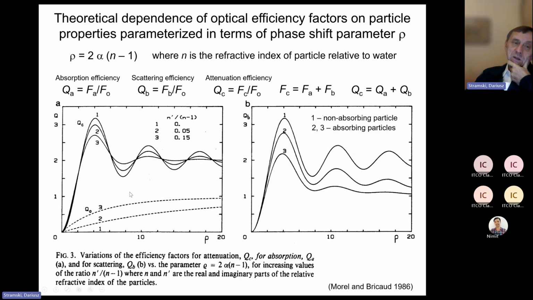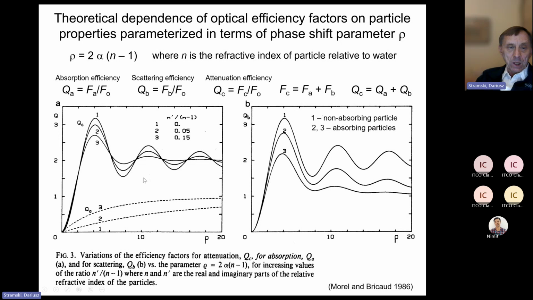What's really striking in this graph is that you can see that attenuation efficiency is a pretty complex function of particle properties which are embedded here in ρ. And remember that ρ also embeds alpha, and alpha embeds the wavelength of light. So the wavelength of light is also implicitly involved in these functions.